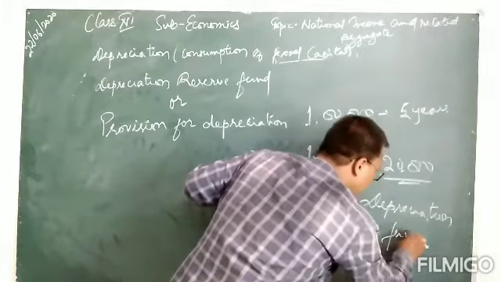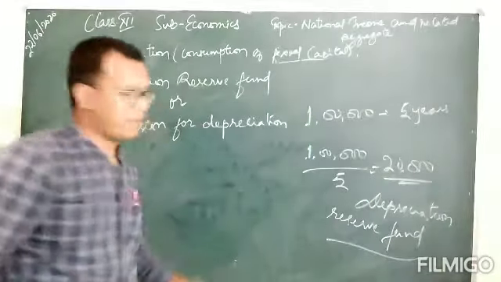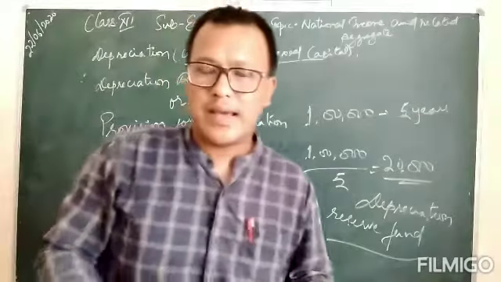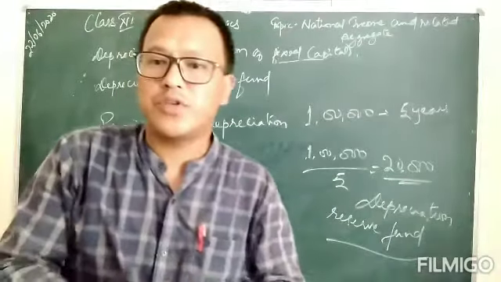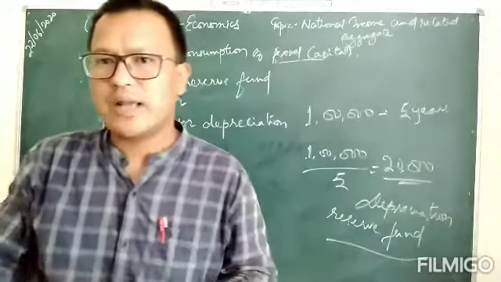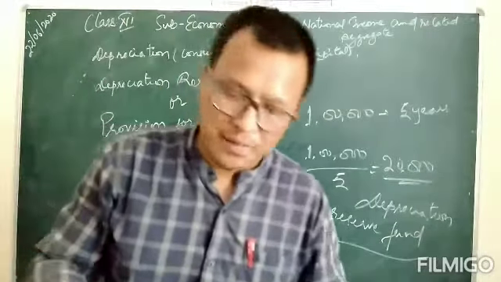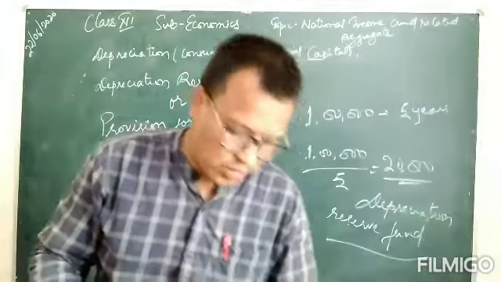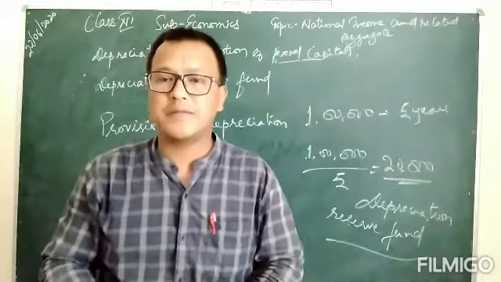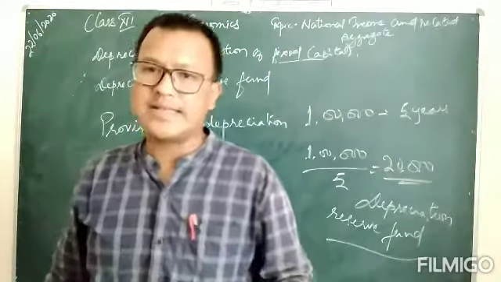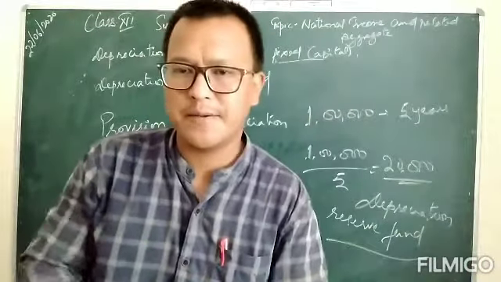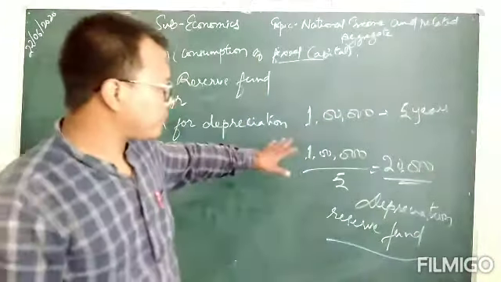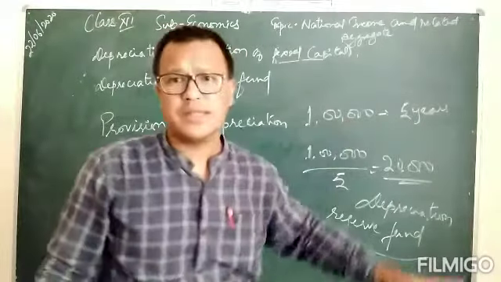Whatever fixed assets are purchased by the producer have their own time period, and after that time period expires, if he wants to buy a new one, let's take for example a person buys a bike at 1 lakh rupees.